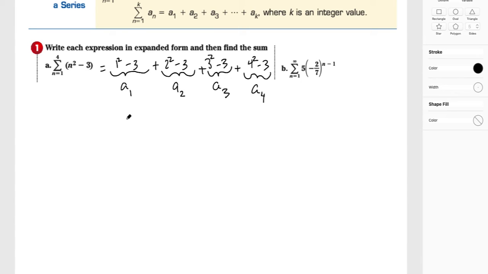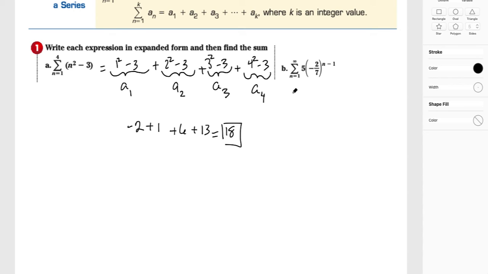So if I were to calculate that, I get negative 2 plus 1 plus 9 minus 3 is 6, plus 4 squared, 16 minus 3 is 13. When I add all of this up, I get 19, 20 minus 2, I get a positive 18. So that is the value of this expression here.